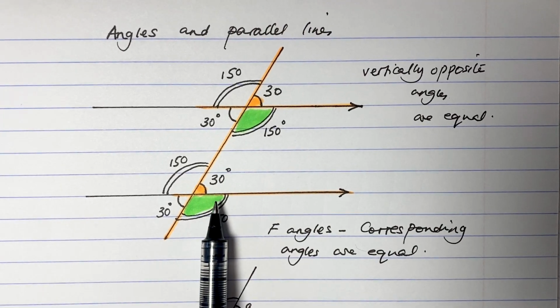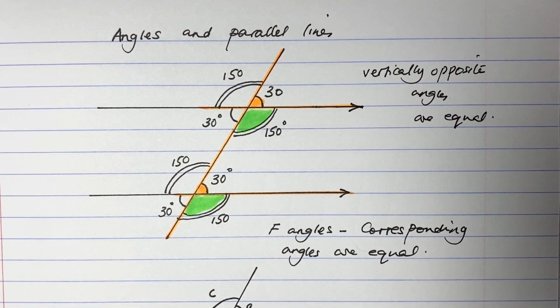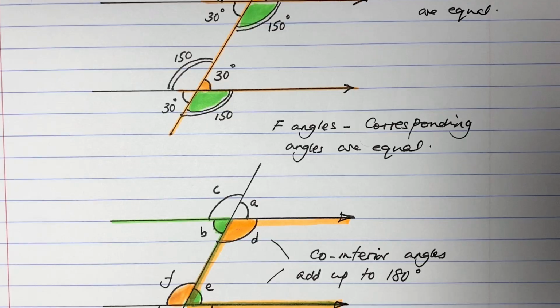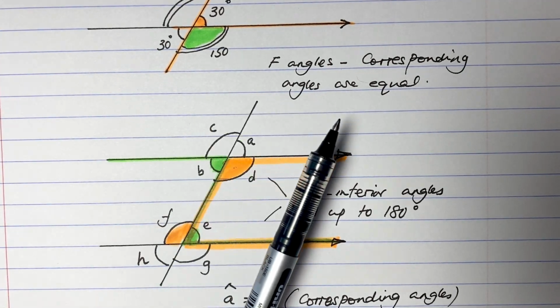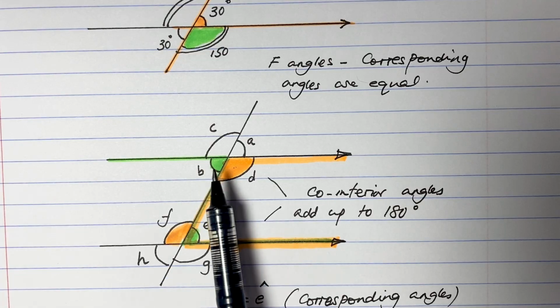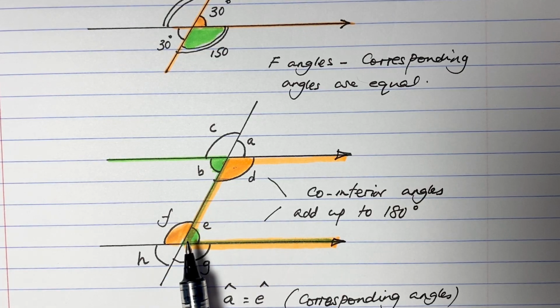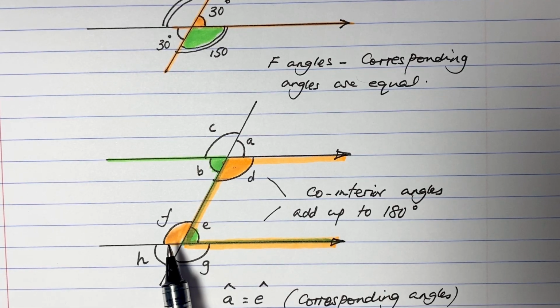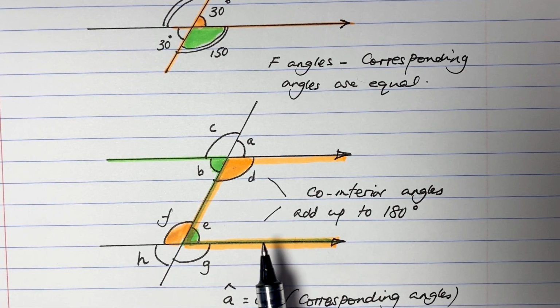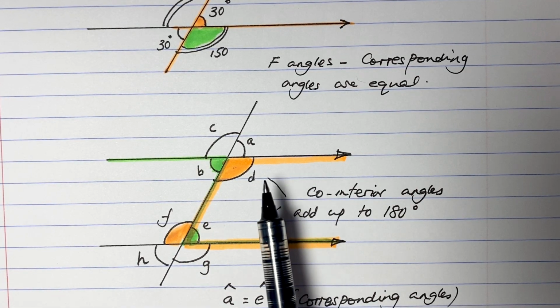In this case, D would be the same as G because they are corresponding angles. B would be the same as E. Z angles or alternate angles. And these are the only three.